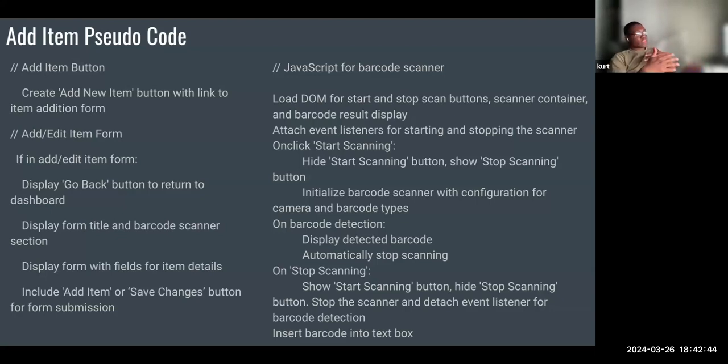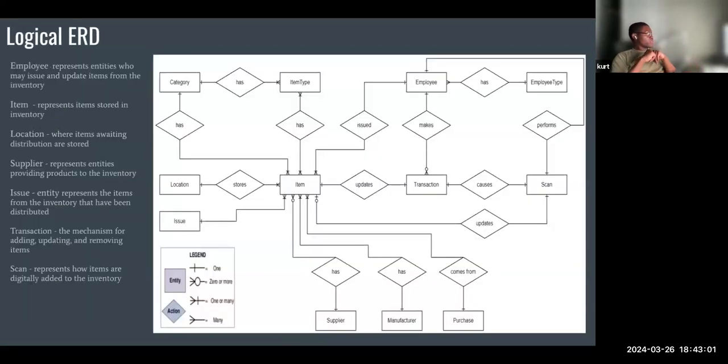Once the system detects the barcode, it'll stop scanning automatically, or you can stop scanning manually. And it'll take that barcode and put it into a text box. Yeah, and that's pretty much it for the JavaScript in the background.